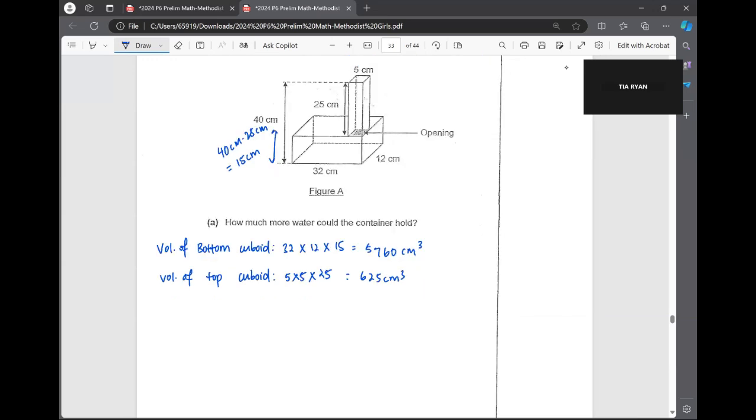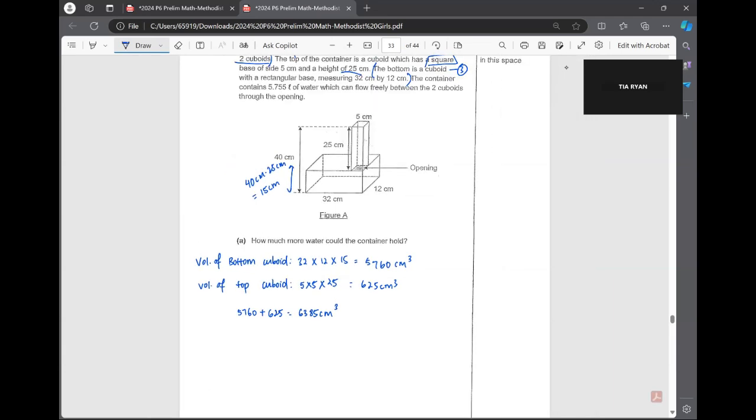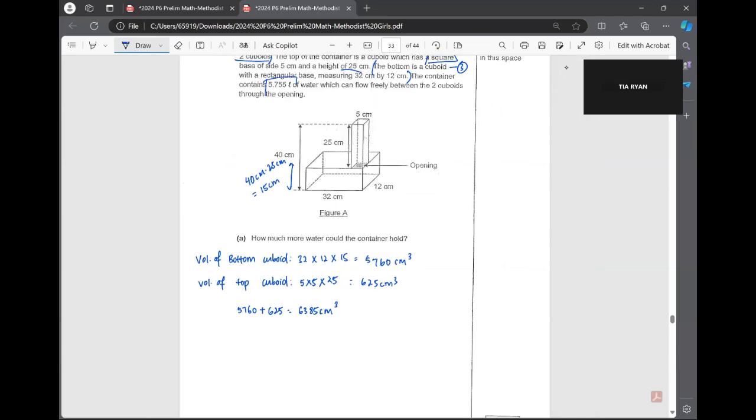From this, if I add these 2 values up, I will get the total volume of this whole figure. 5,760 plus 625, I'll get an answer of 6,385 cm cubed. And this is the volume of my whole container. So far, how much is already filled up? The question tells me that 5.755 liters is filled up, which is technically equal to 5,755 ml.